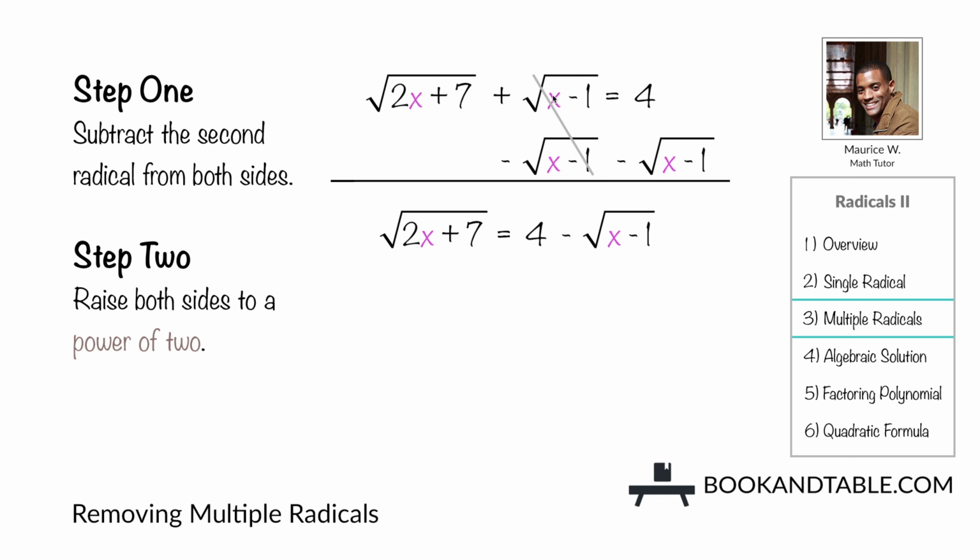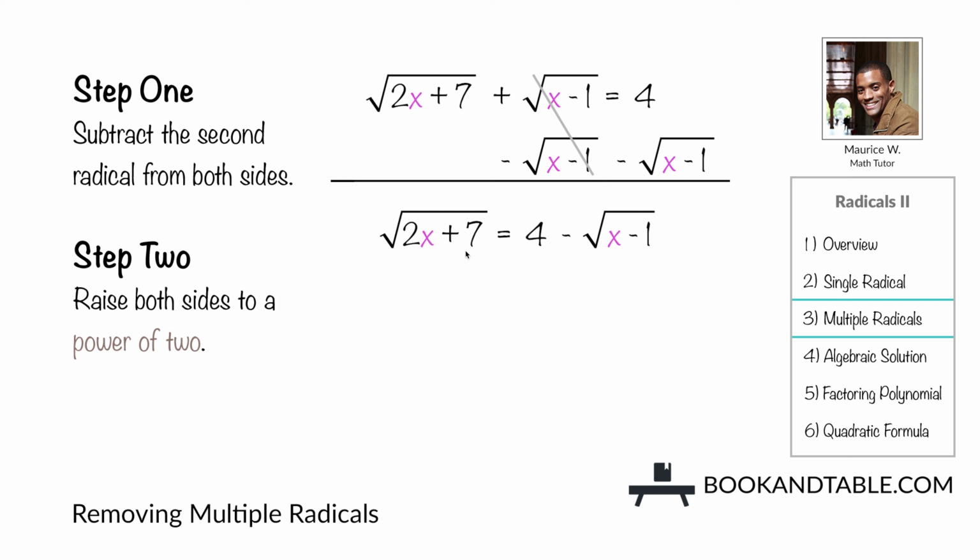So step 1, you're going to subtract the second radical from both sides. So instead of adding the square root of x minus 1, you're going to subtract the square root of x minus 1, leaving us with just the first radical on the left side. And now on the right side, we have 4 minus the square root of x minus 1.